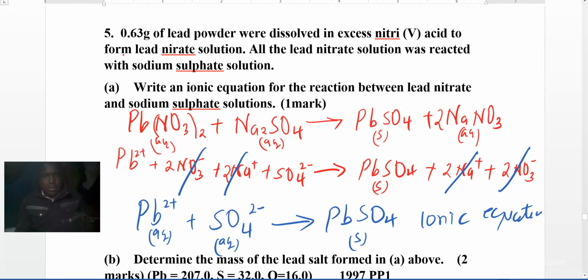Mark it down that we were told 0.63 grams of lead were used. And from the equation, as you can see, the ratio is 1:1 everywhere.